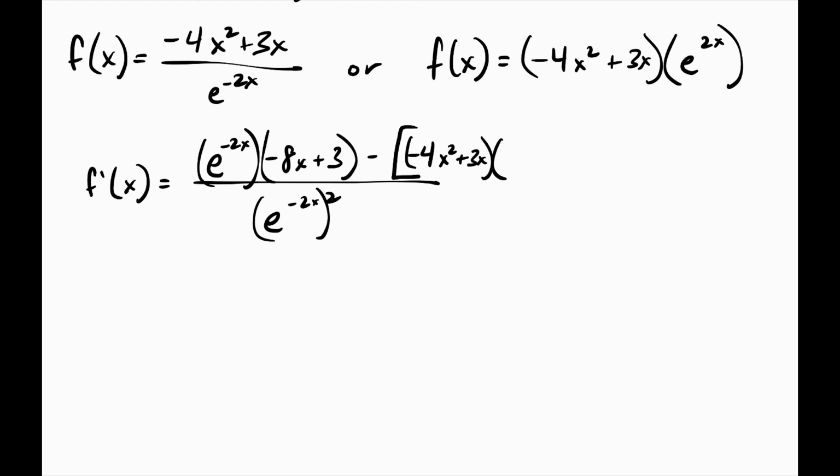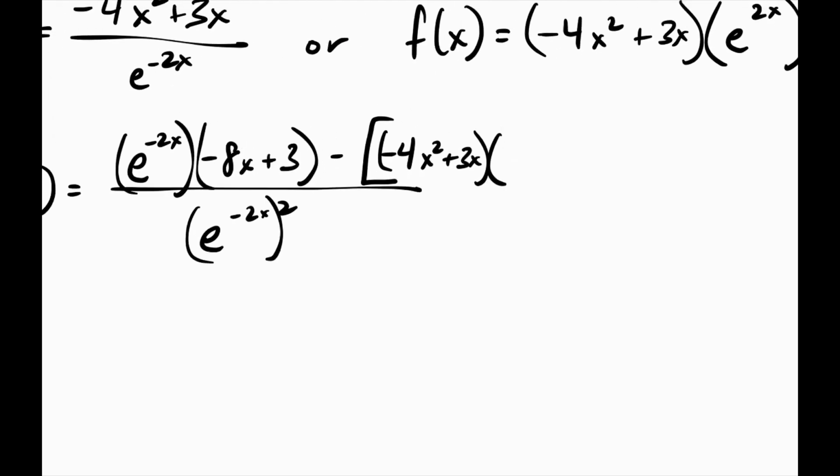How do I find the derivative of anything with an e? What's the rule for finding a derivative with an e? There's two things I got to do. What's the first thing it does? Repeats itself. Good. And then what do I do next? Take the derivative of the power. Good, which is -2.